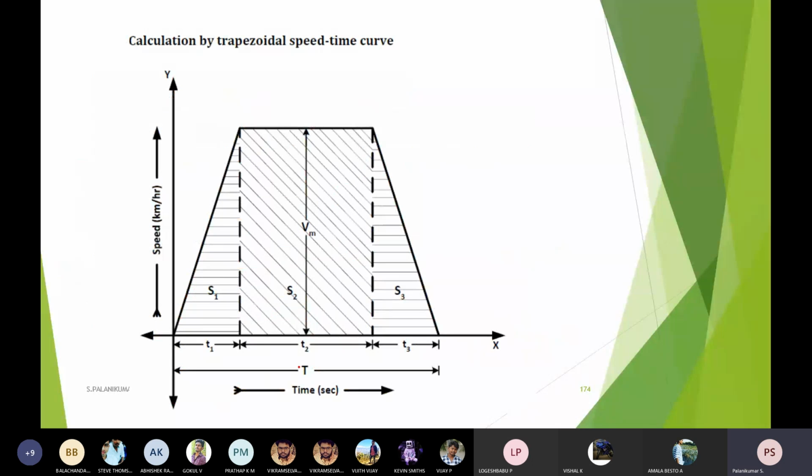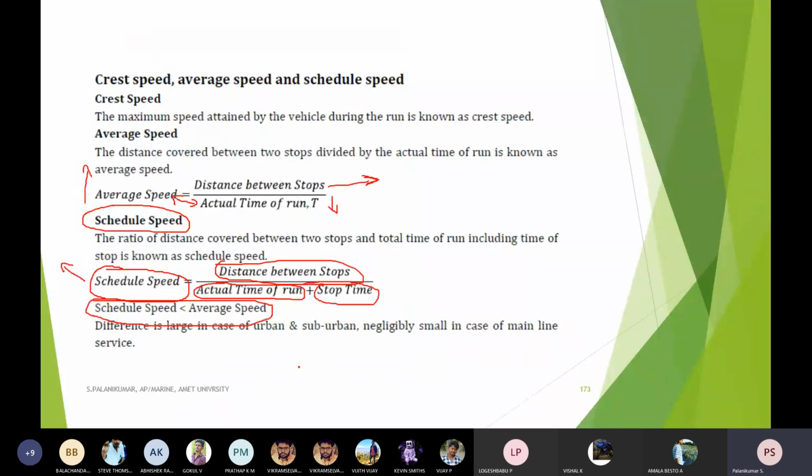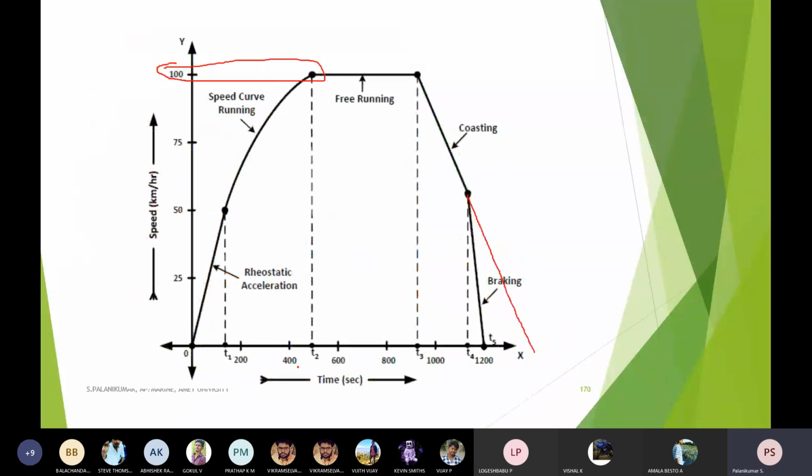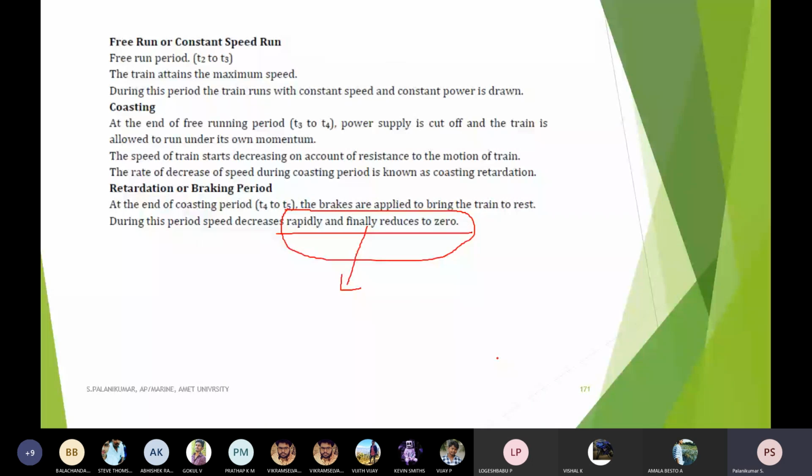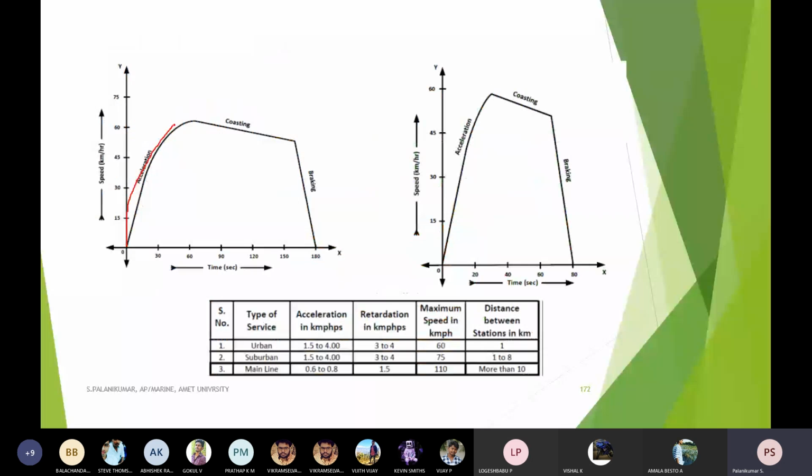If I want to fix it in any standard shape, I am able to fix it as a trapezoid. Likewise here also I can fit it as a trapezoid. Whatever the actual speed-time curve of urban, suburban or main line may be, I have to analyze it.